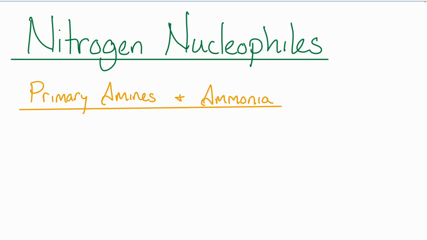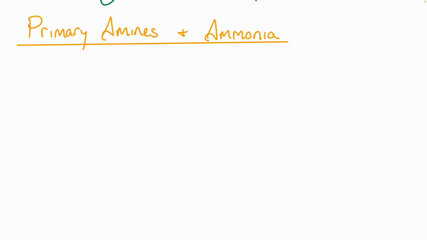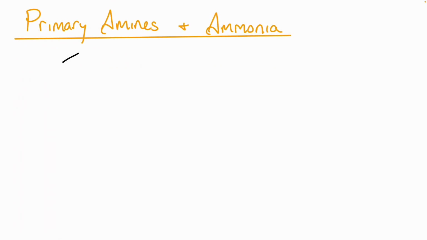Well, technically not an amine because there's no carbons, but nonetheless, behaves the same. A primary amine, for example, is when that nitrogen is just bound to a single carbon. And ammonia is, of course, NH3.